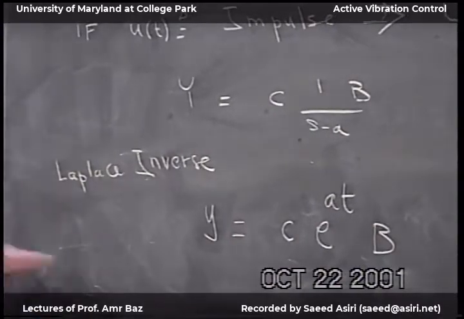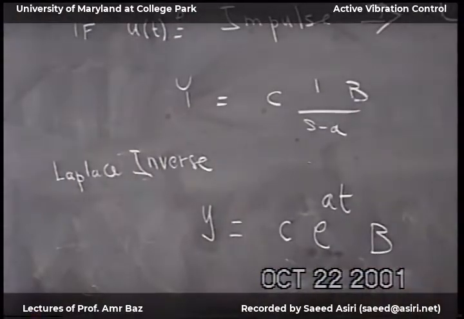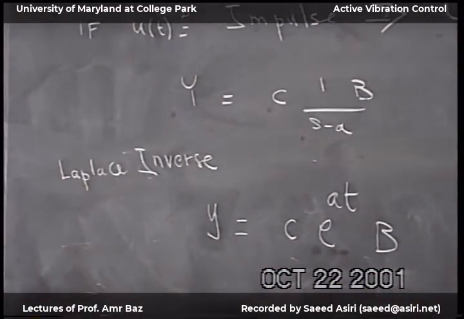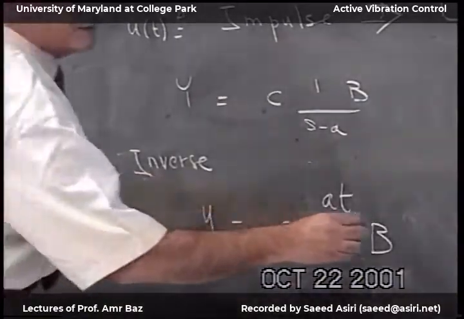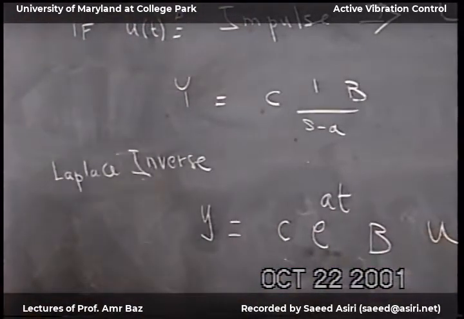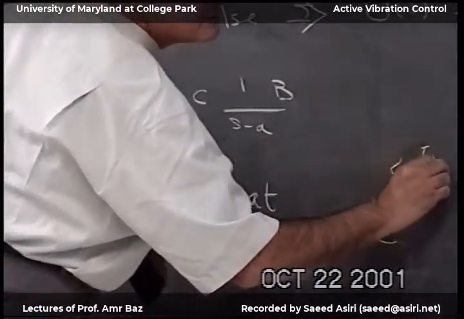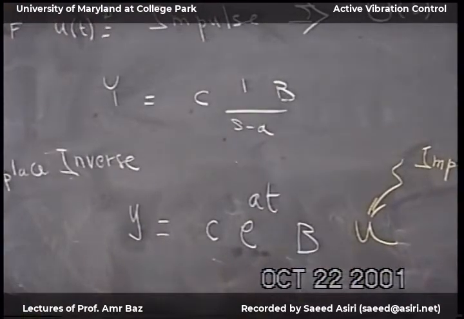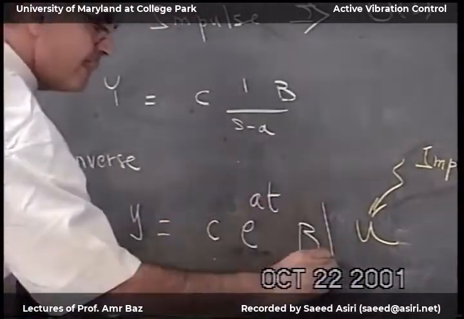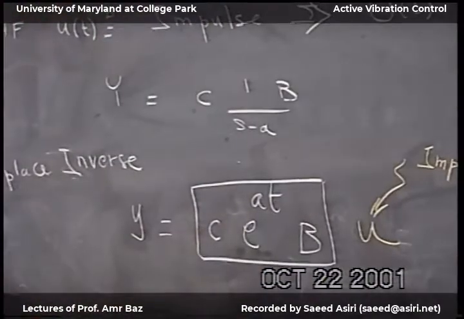Now I'm going to take this and put it here, because this is equivalent to as if we have here u, and this u is an impulse. So I have only a response given by this equation.